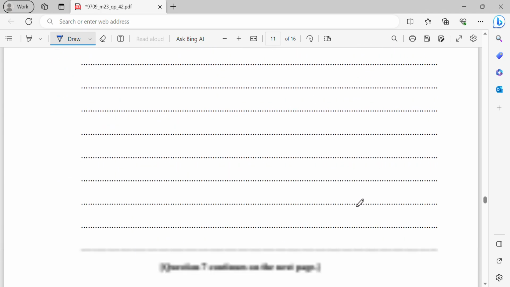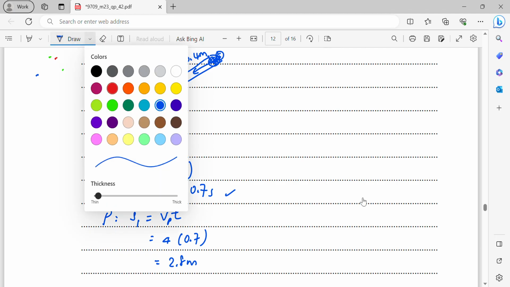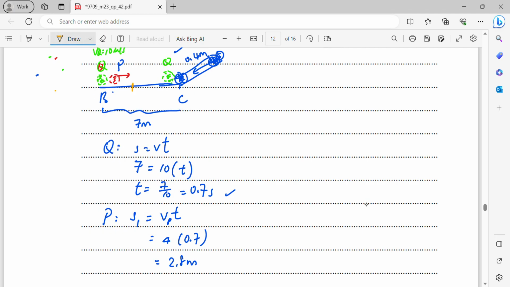So I'm going to write VP, 4T. The T is 0.7 because both are moving. So it means that the P has moved 2.8 meters. Here is the P; when the Q reaches C, it has only moved 2.8 meters.